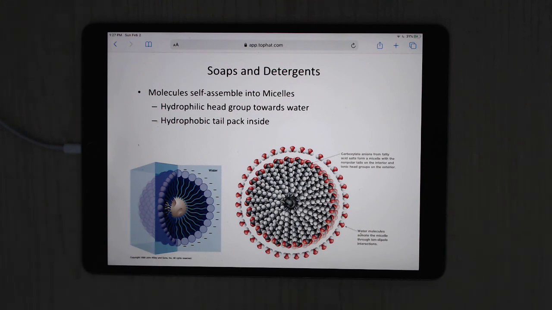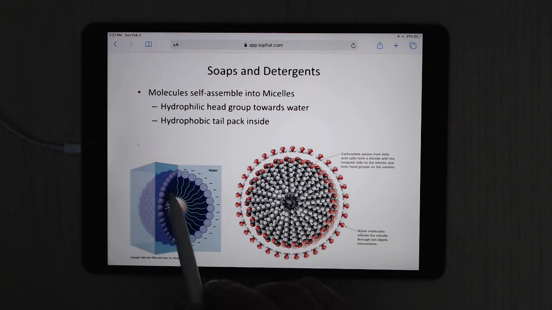And so when you have a greasy stain on your shirt, what's going to happen is when you put it in the washing machine, this sort of capsule is going to bump into that, and the greasy stain doesn't want to be in the water any more than anything else greasy, but it sees the inside of this capsule and says, ooh, there's a greasy spot there, and so it hops in there.